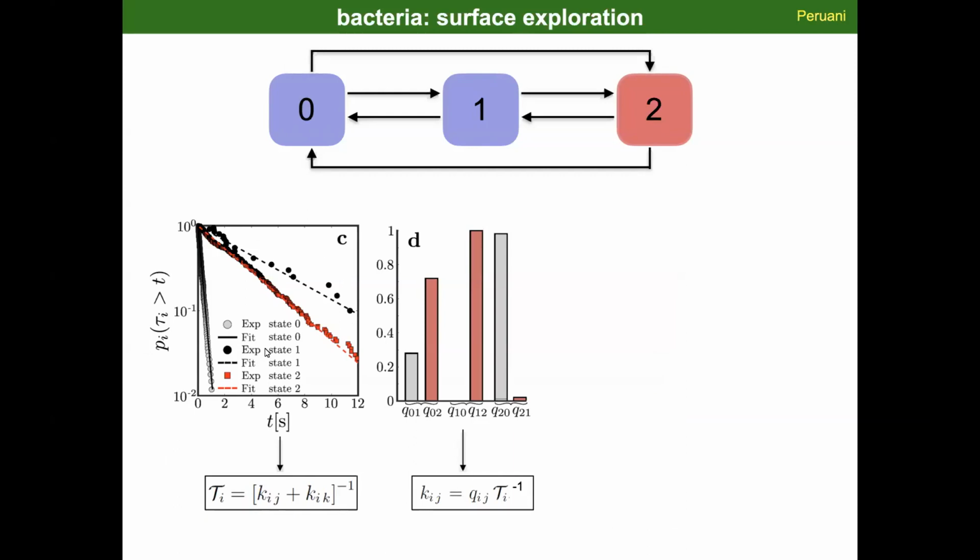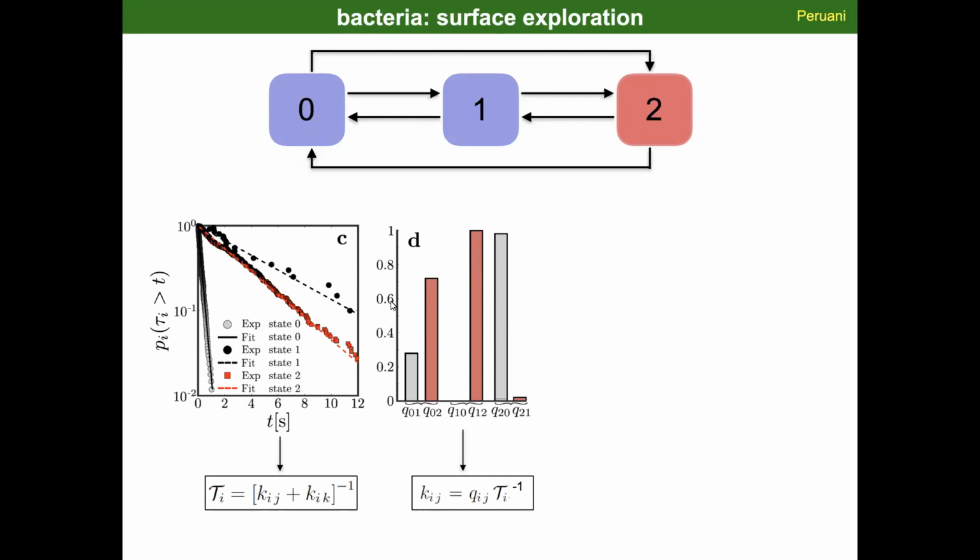These are the survival curves associated to each of these states, and you can compute as well the probability, once you are in state 0, of going to state 1, and if you are in state 0 of going to state 2, and so on, which is what I show you here.